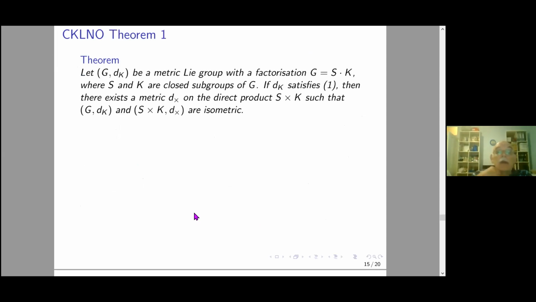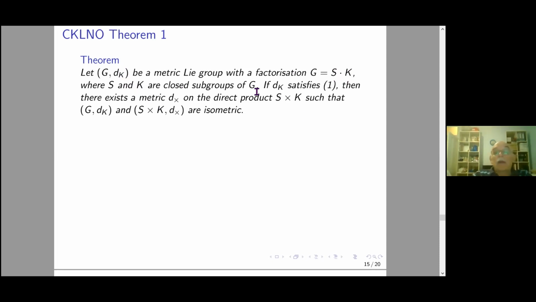Okay, so here is the first theorem of myself, Kivioja, Donne, Nicolussi Golo, and Ottazzi. If I take a metric Lie group with a factorization S times K, where S is one closed subgroup and K is another one, which has to be a compact subgroup, and the metric has to be like the metric that I constructed in the lemma.